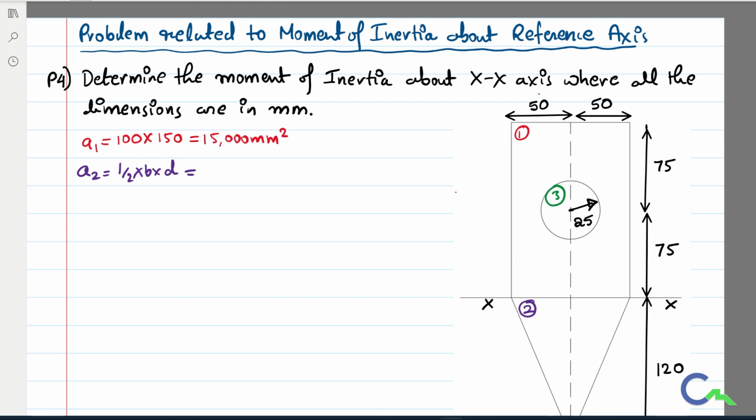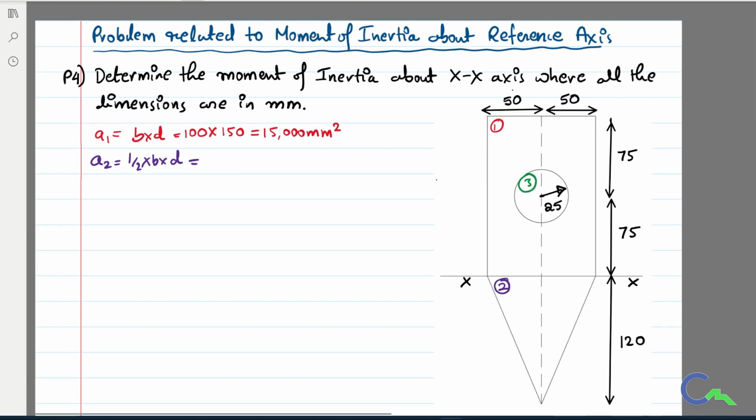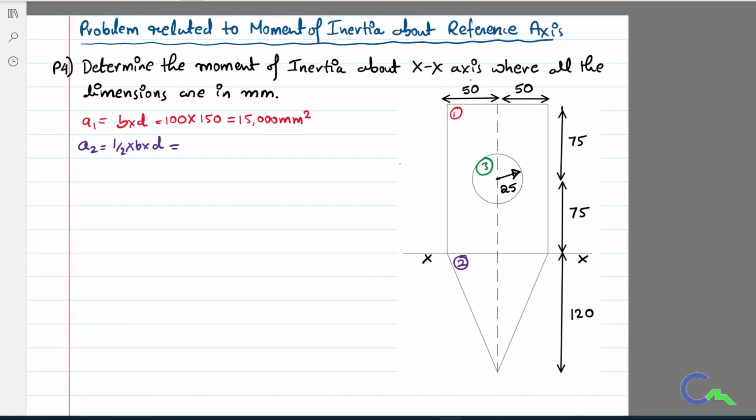For the rectangle it is B into D, but for the triangle it is half into base into height. If you see in the figure, base is 100 mm and height is 120 mm, so we are going to get 6000 mm square.